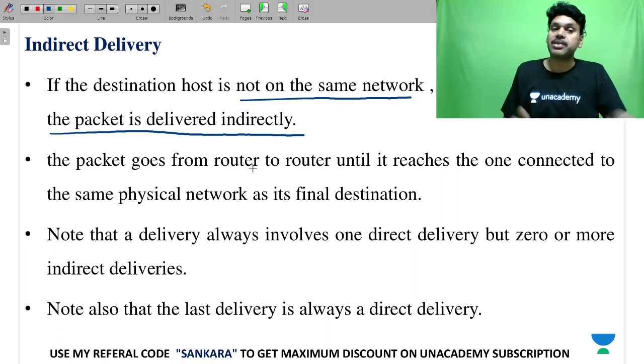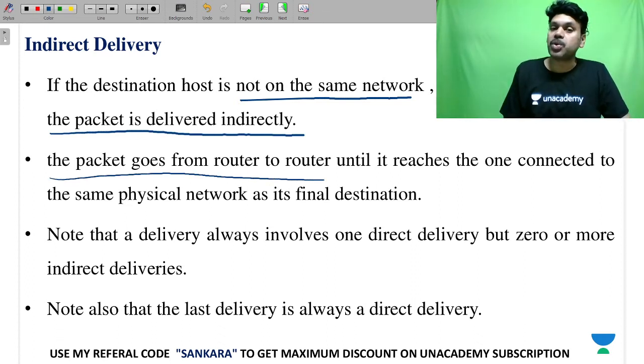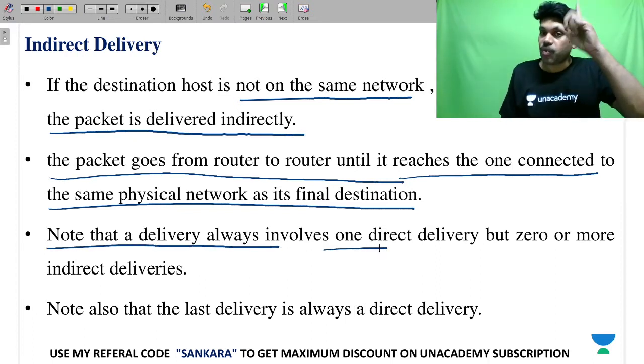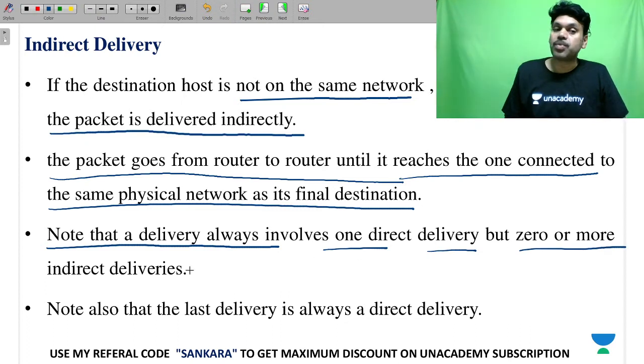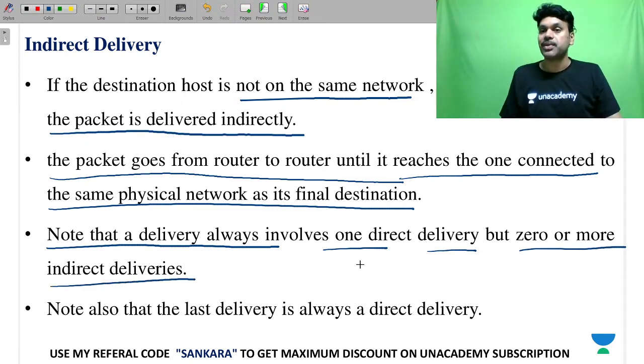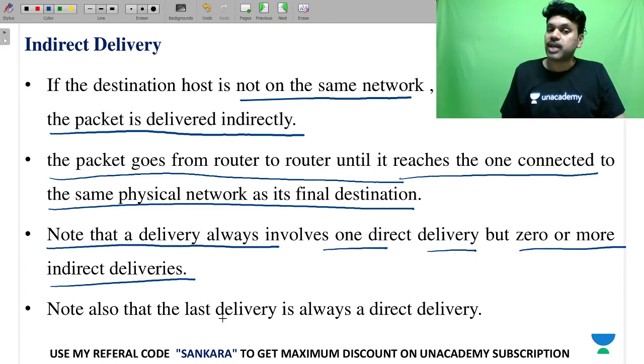Therefore, my dear friends, the packet goes from router to router until it reaches the destination path. So note that delivery always involves one direct delivery but zero or more indirect deliveries, because the last delivery is always direct delivery only.